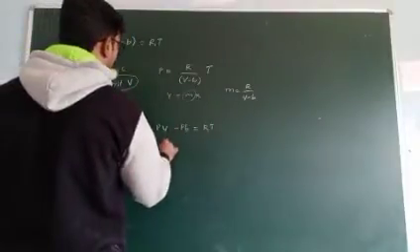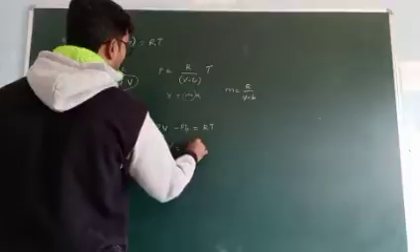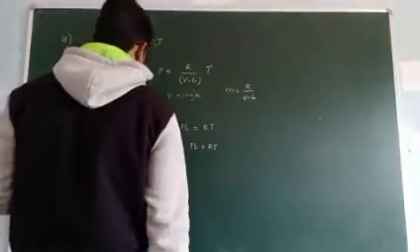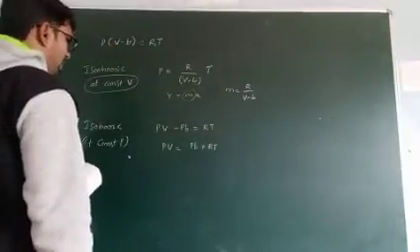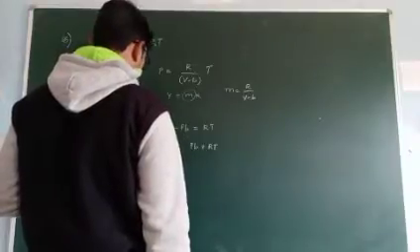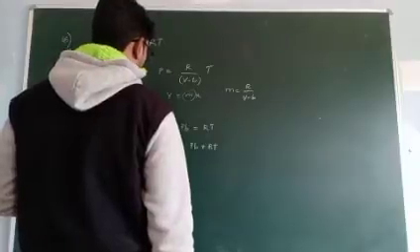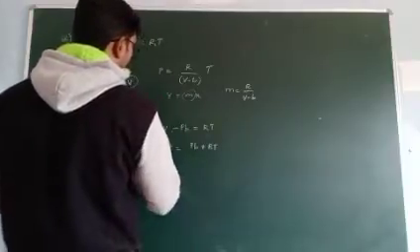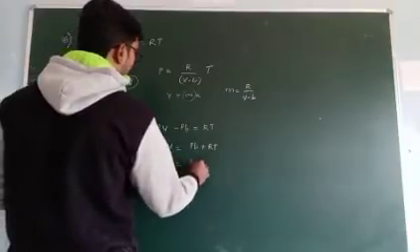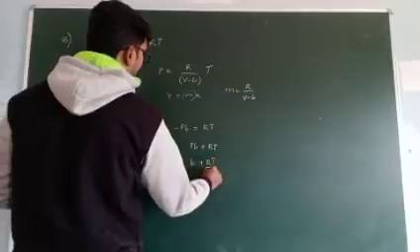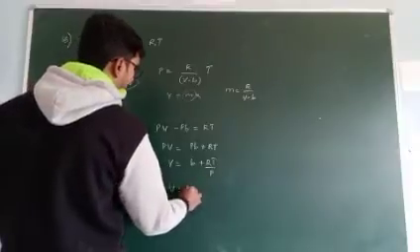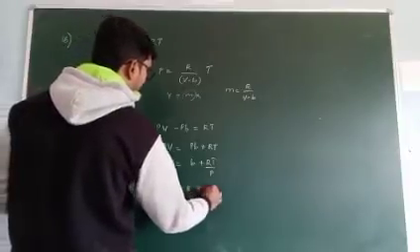This PB moves to that side: PV is equal to RT plus PB. Now at constant pressure, divide both sides by P. V is equal to B plus RT by P. So V is equal to R by P into T plus B.